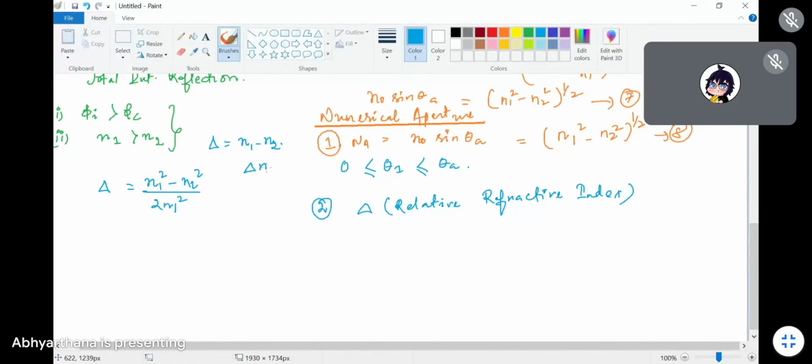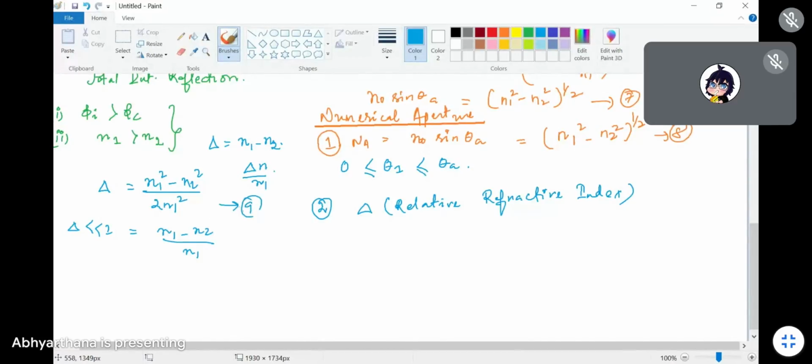The factor is this one, right? Since this is a fractional index difference, that's the reason why we actually define delta as equal to n1 square minus n2 square by 2 n1 square. Or if this value is much less than 1, we can just write it as n1 minus n2 divided by n1, which is nothing but 1 minus n2 by n1. But we will most often take this expression, okay, either of them.